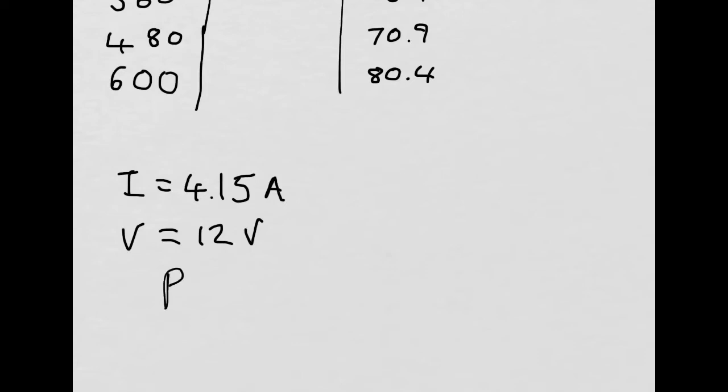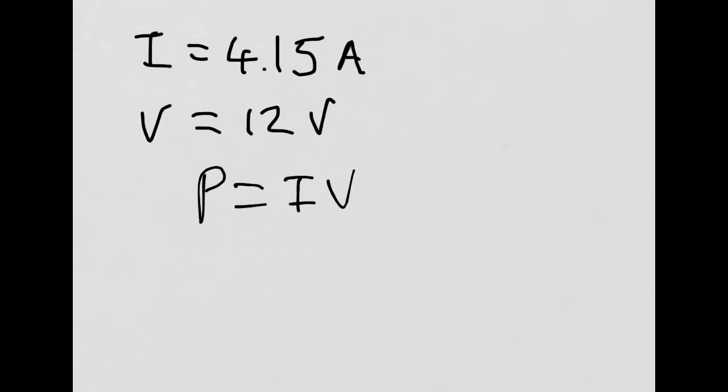I'm going to use P equals IV. That's power is equal to current times potential difference, or current times voltage, to measure the power that we were supplying the block with. In other words, how much energy were we giving the block every second? Now, this is electrical power. This is an equation for electrical power. We were using an electrical immersion heater, so it works here.